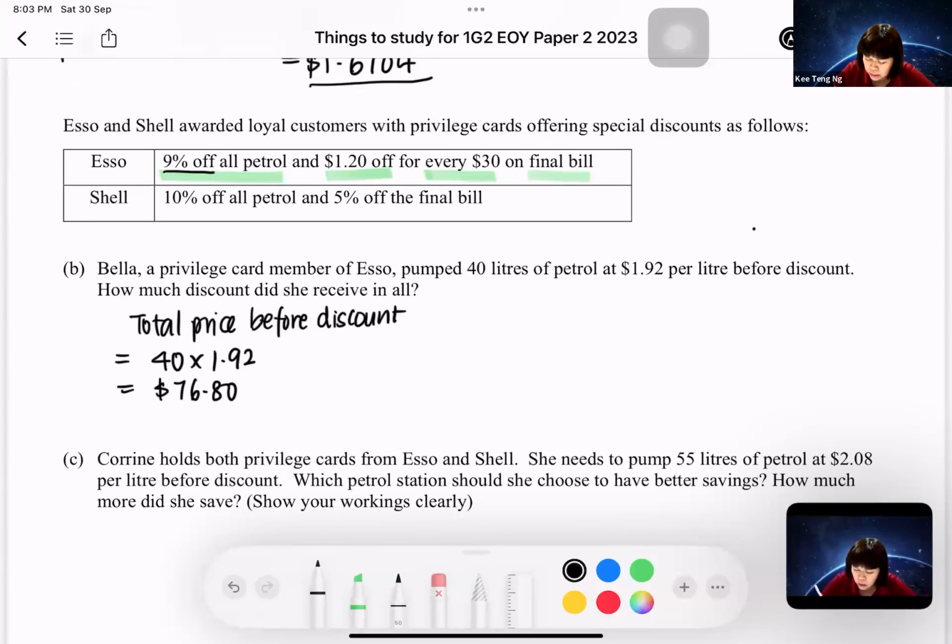So let me find the discount first. 9% discount is 9% times $76.80. That will be 9 divided by 100 times $76.80. Right? Then I get 6.